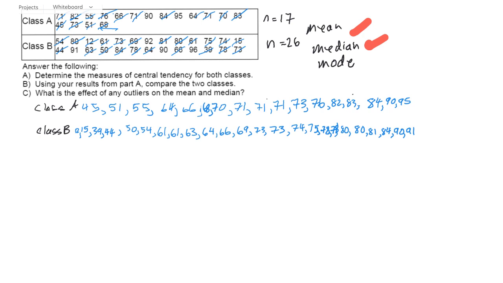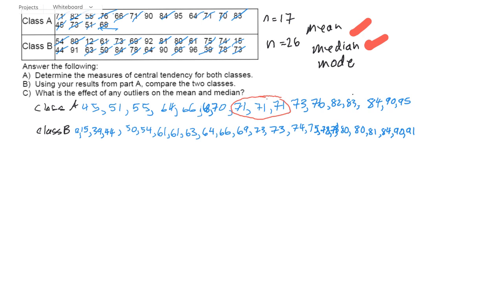If I go through this top list here, the number that repeats the most is 71. And that's in our list for A. So if you look at A, 71 occurs exactly 3 times.